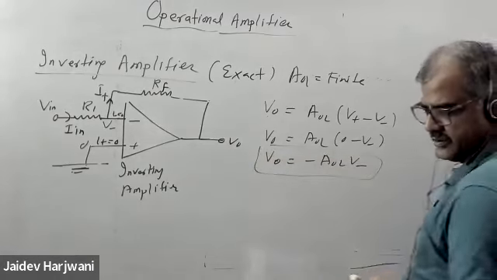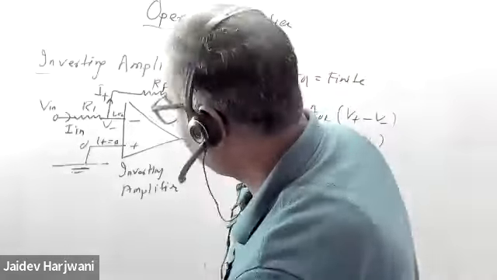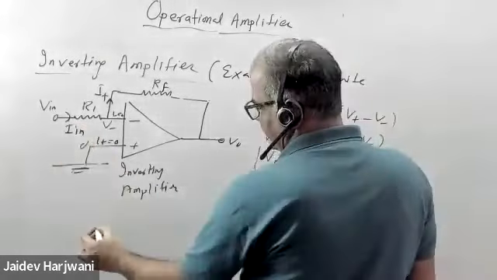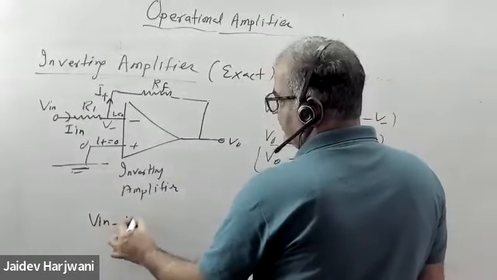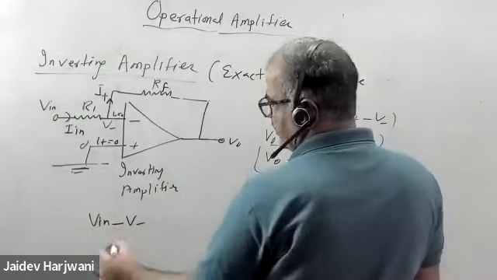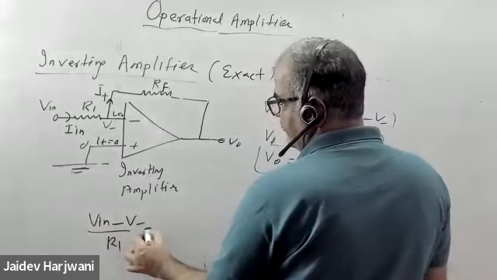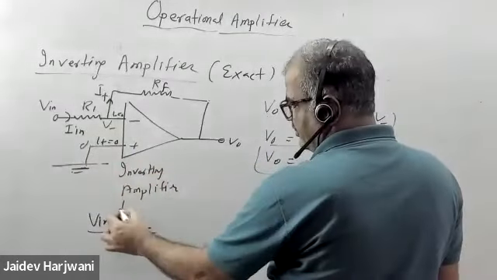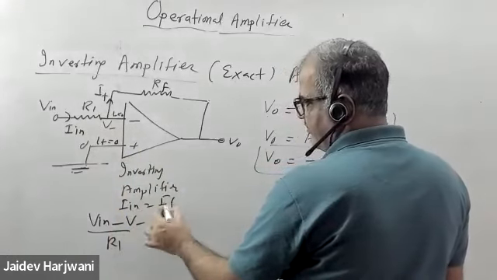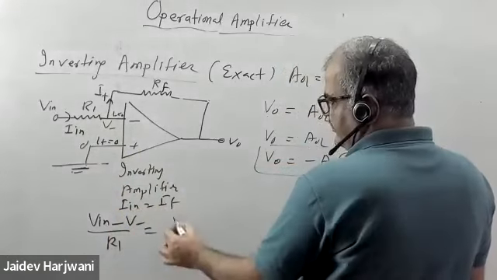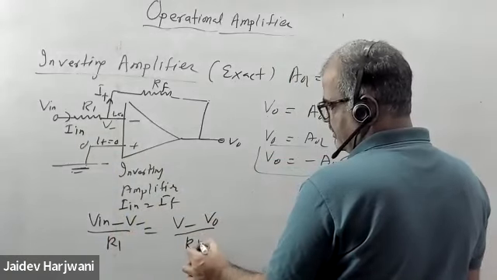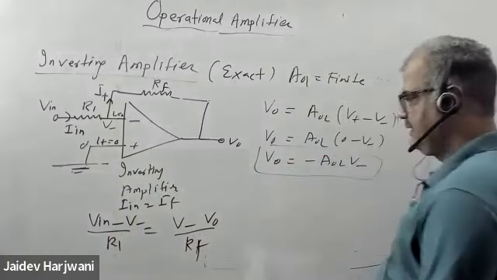Now let me apply the equation in the loop. My (V input minus V minus) upon R1 will be the current. Again, applying current, I input is equal to IF, which is (V minus minus V0) upon RF.